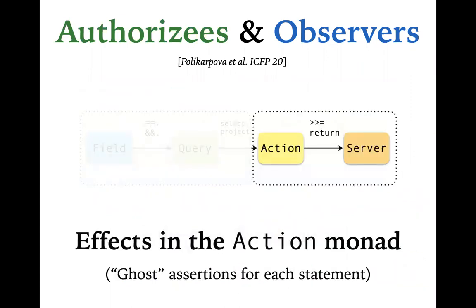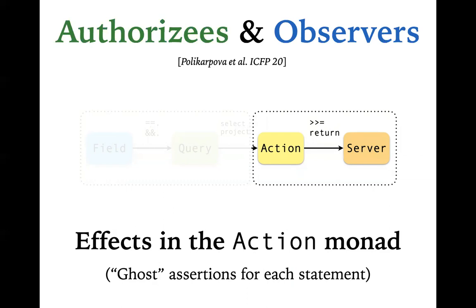Ranjit, one question. Because of this observers-is-a-subset-of-authorizees condition, even if you don't do the project and the select in the same snippet of code, but you have them as two different actions, and then you compose them, it will still check correctly. Absolutely, that's right. You can have them scattered all over.